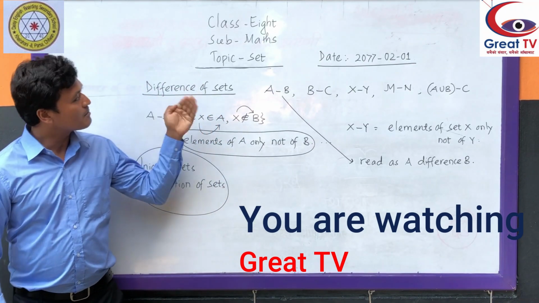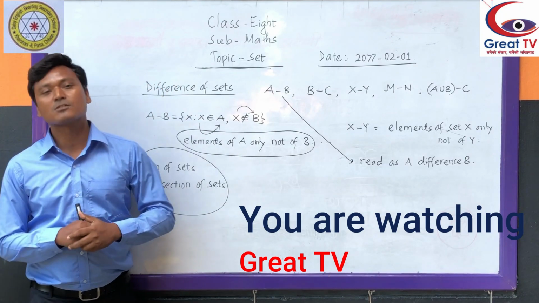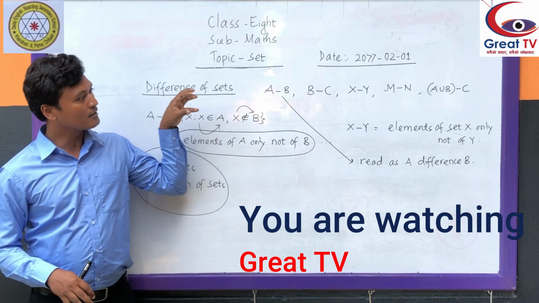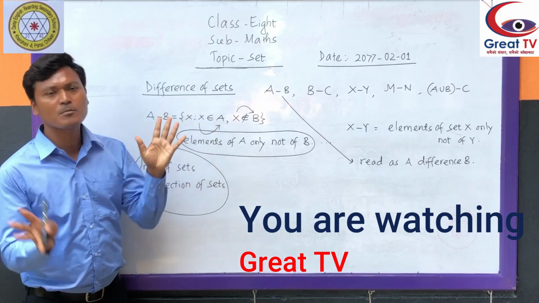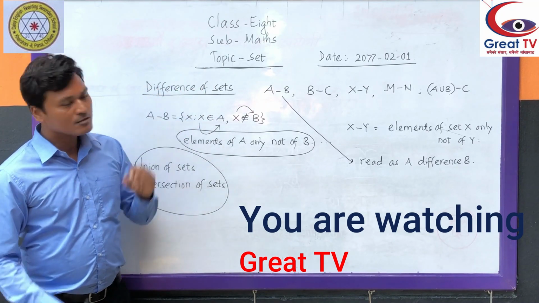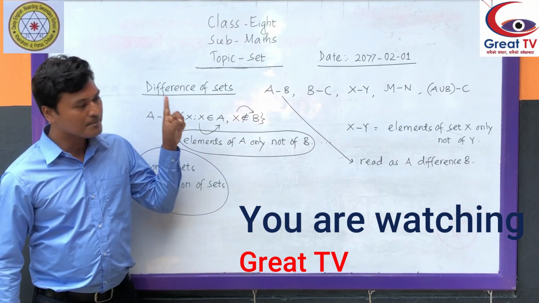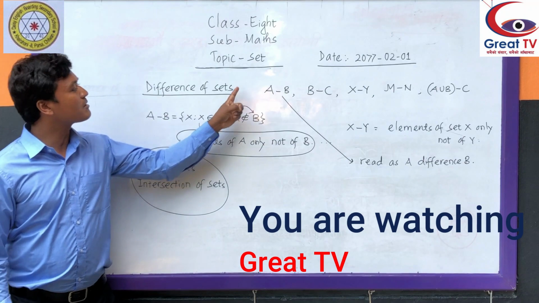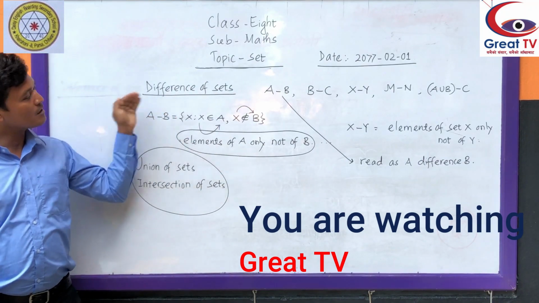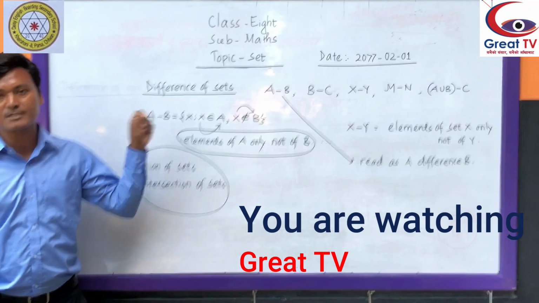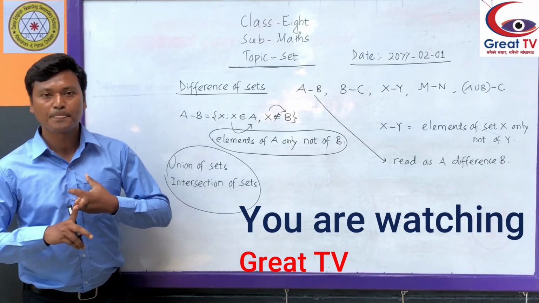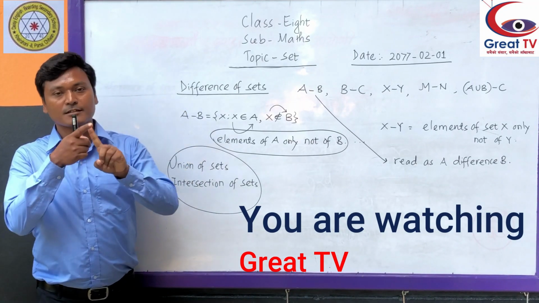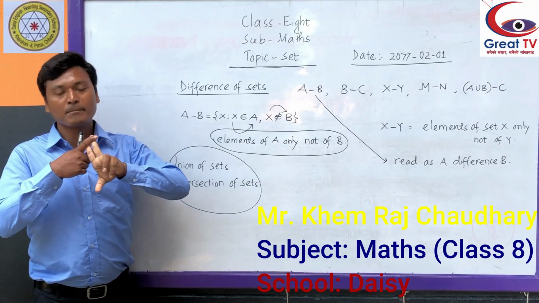But before we talk about the main concept, let me tell you about the syllabus given for class 8 of compulsory mathematics. According to the syllabus of class 8, we have to read first the difference of sets, then the complement of a set.